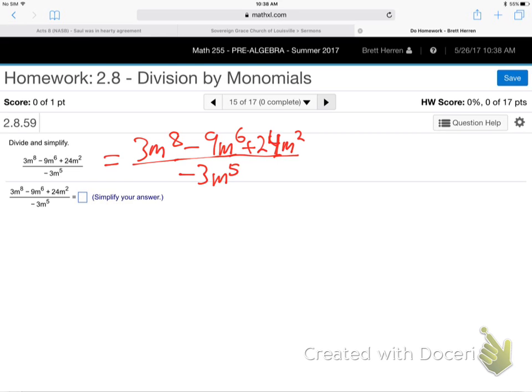All right, try that one. Break that into 3 separate fractions.